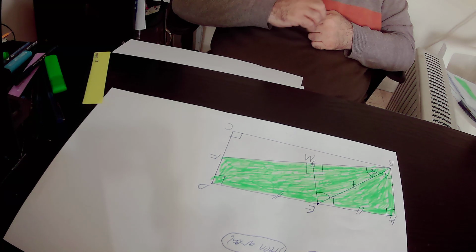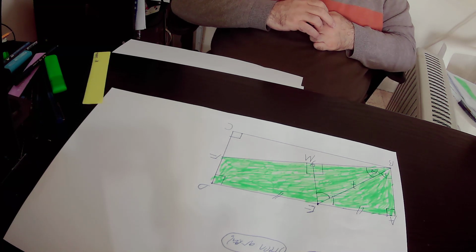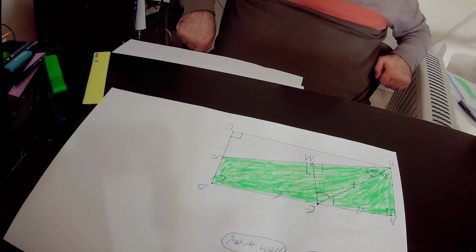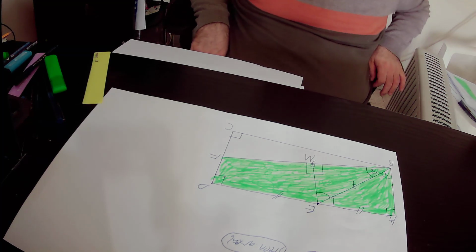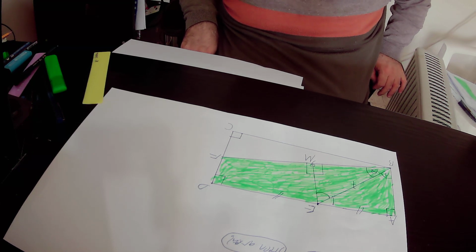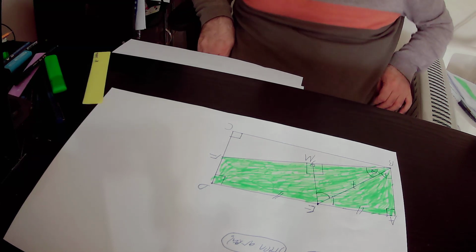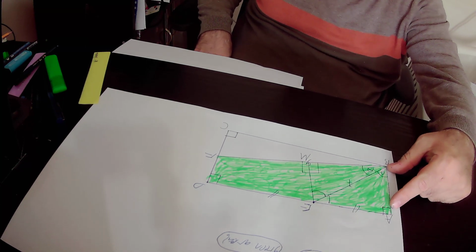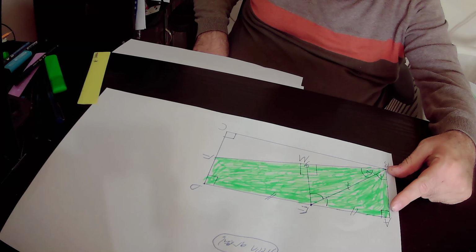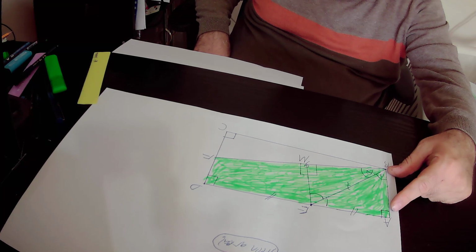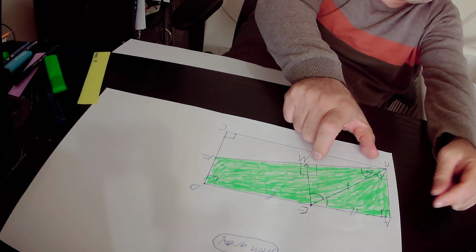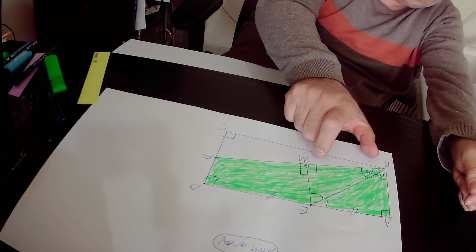The third angle theorem is that if two angles in one triangle are congruent to two angles in another triangle, then the third pair of angles must also be congruent. And here we have those two angles in the green right triangle, triangle ABE, congruent to those two angles in triangle EBM.